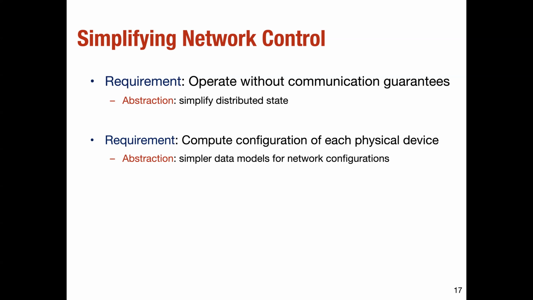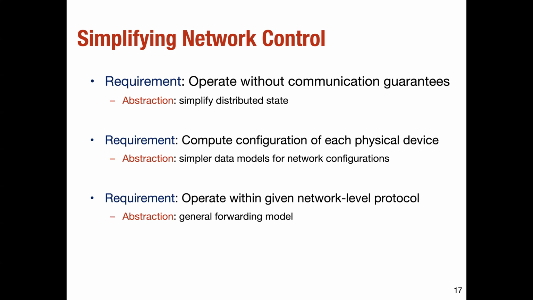The second requirement is that it needs to compute the configuration for each physical device, right? All these routers need to compute the forwarding plane configuration that should be applied on each of those devices. So what we definitely need is a simpler data model for network configurations, right? And the third requirement is that these control protocols should operate within the network level protocol, right?